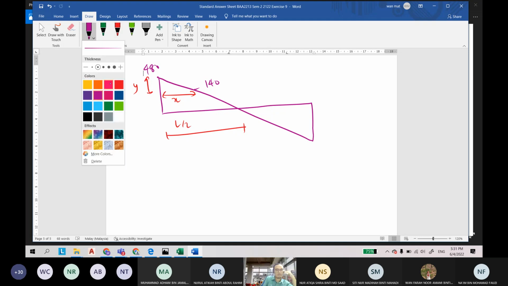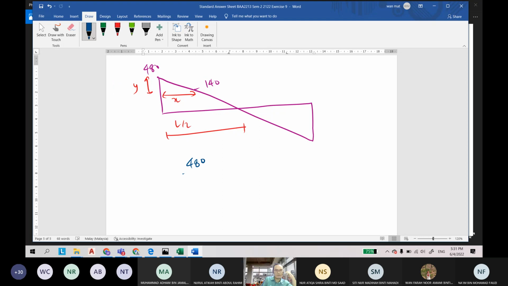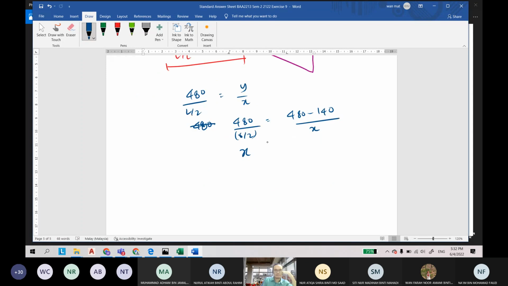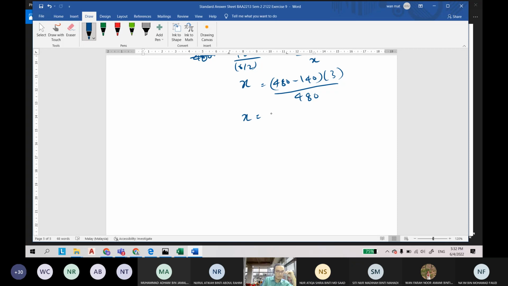So the value of X: 480 divided by L over 2 is equal to Y over X. So 480 divided by 6 over 2 equals 480 minus 140 divided by X. So what is the value of X now? 2.125. Okay, so it's acceptable.